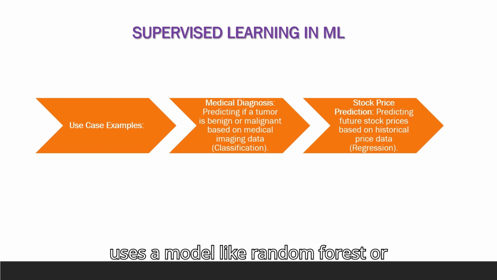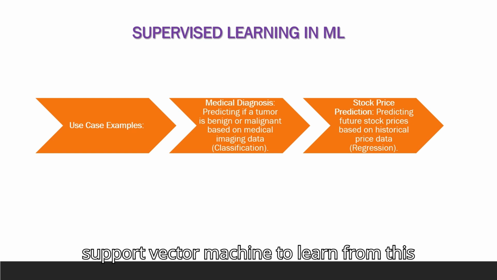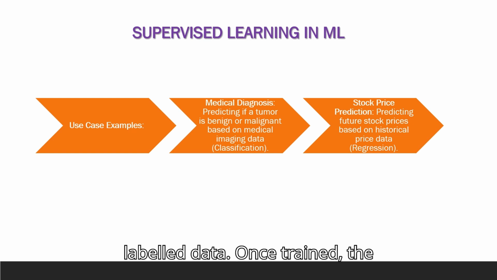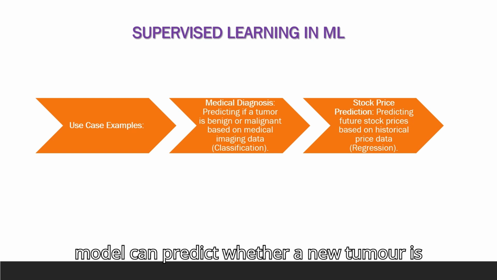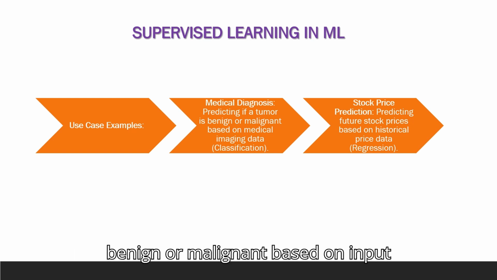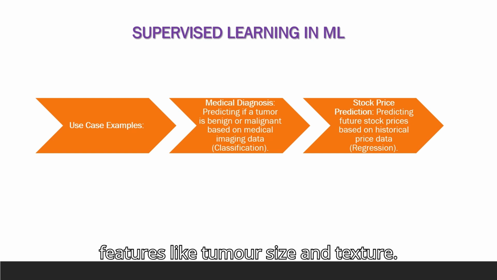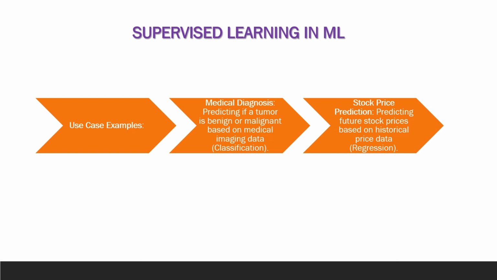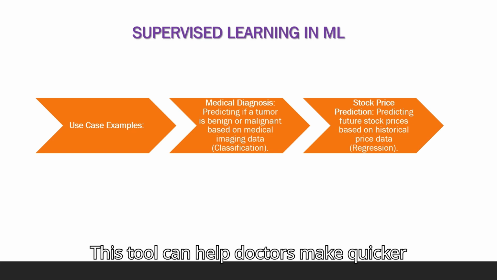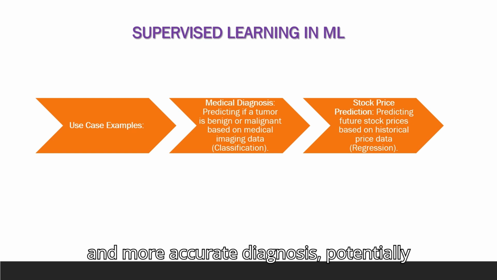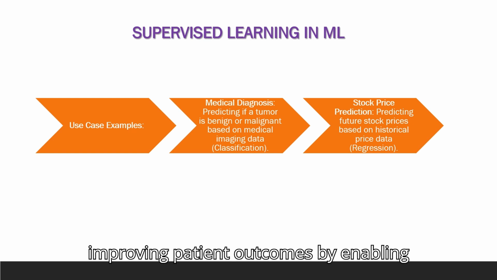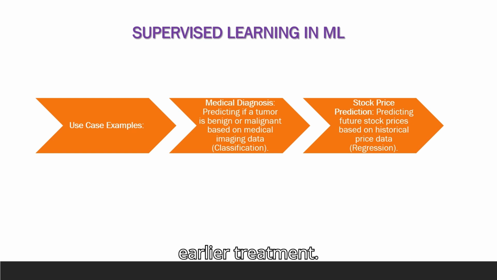The hospital uses a model like random forest or support vector machine to learn from this labeled data. Once trained, the model can predict whether a new tumor is benign or malignant based on input features like tumor size and texture. This tool can help doctors make quicker and more accurate diagnoses, potentially improving patient outcomes by enabling earlier treatment.